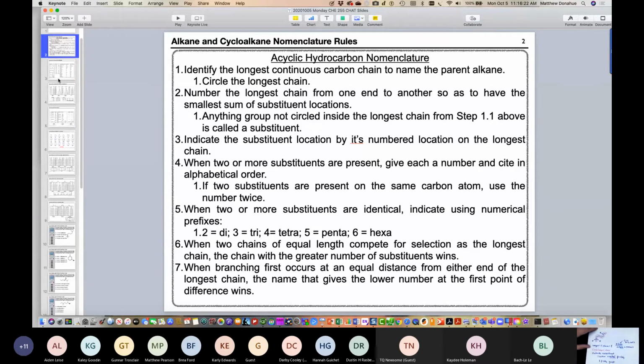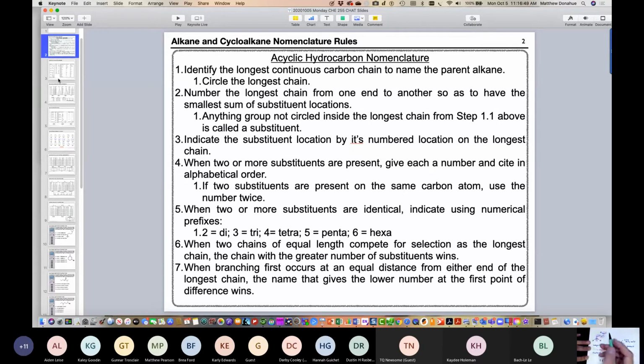But now we have 2 ways of numbering that chain. So in the green marker, I'm going to show you the correct way of numbering the chain. Then we're going to go back and number it the other way, which is incorrect, so you can see why it's incorrect.